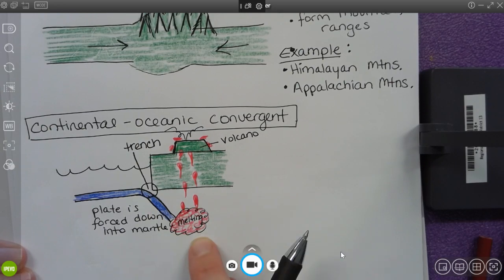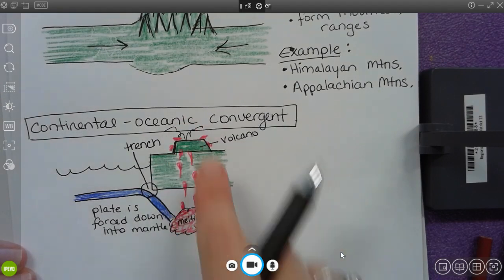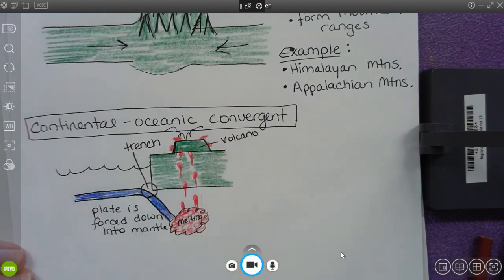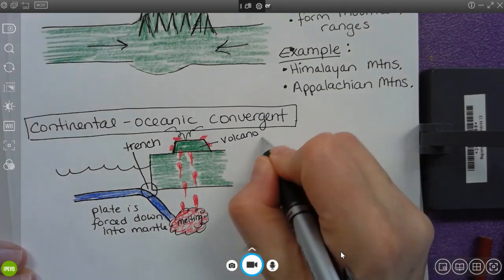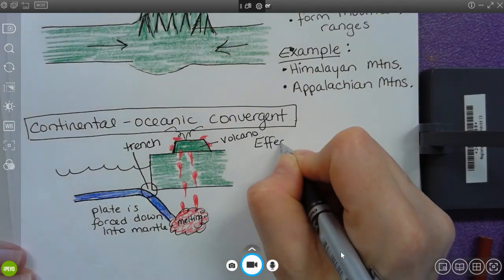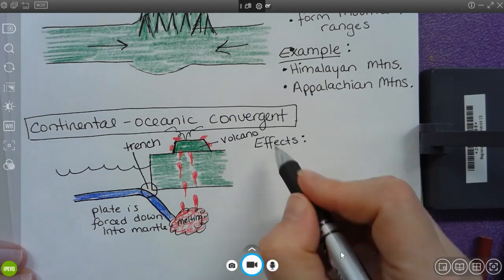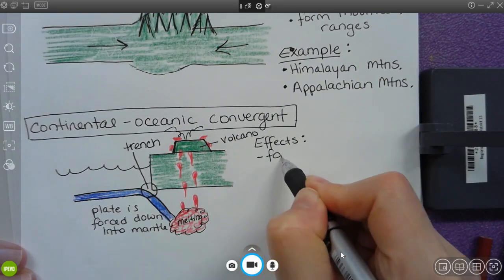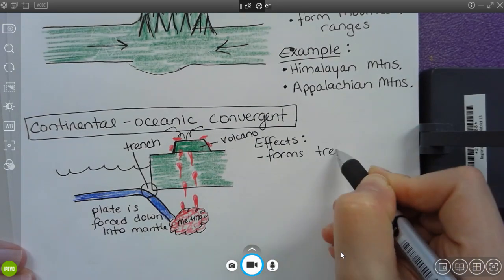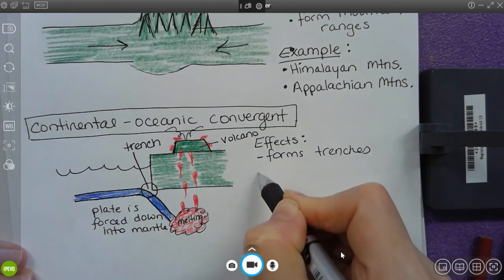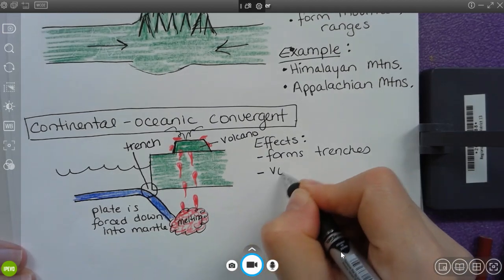That's where we have the melting, and then we have rising basaltic lava that comes up, and it forms your volcano. So the effects, again, we have trenches, we have volcanic mountain ranges.